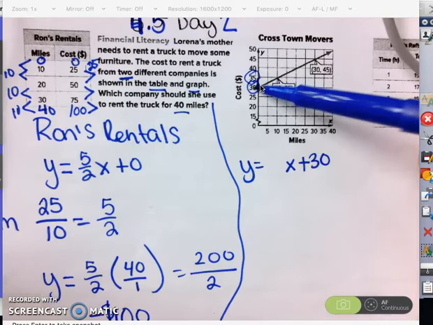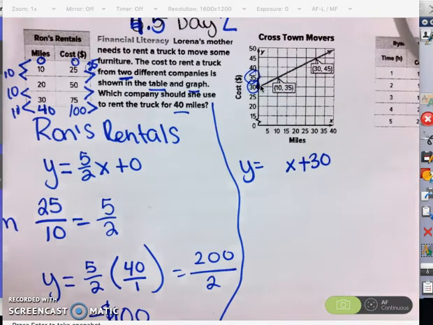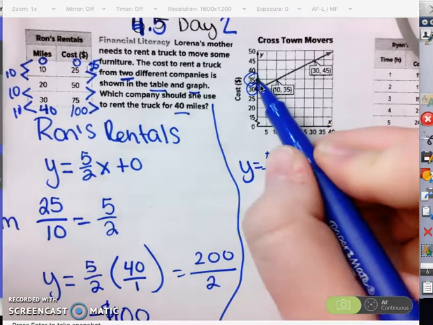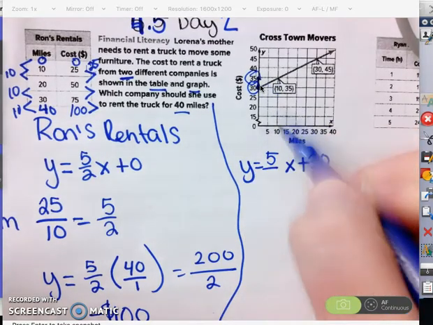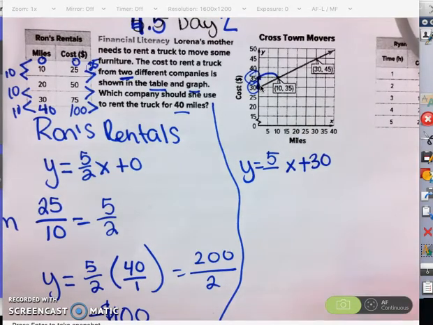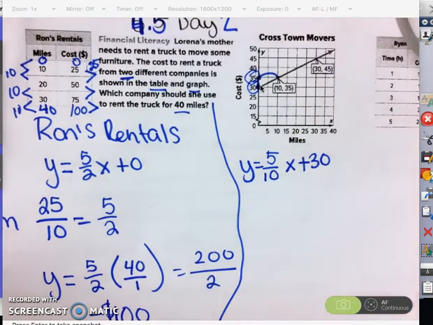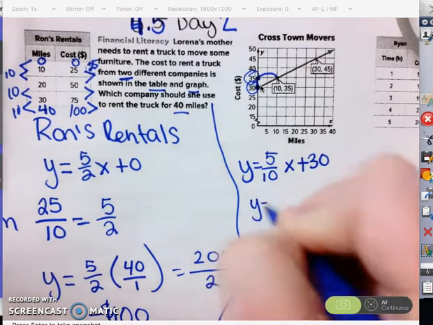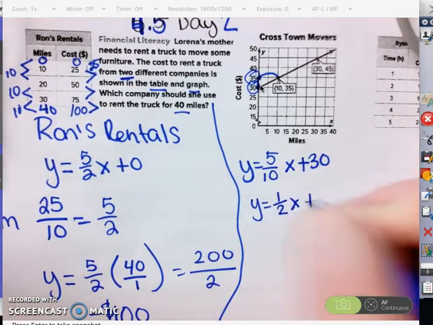So from 30 to 35, I go up 5. And then from 0 all the way over to 10, I'm changing 10, right? So it's 5/10 x, which can be reduced down to 1/2 x plus 30.